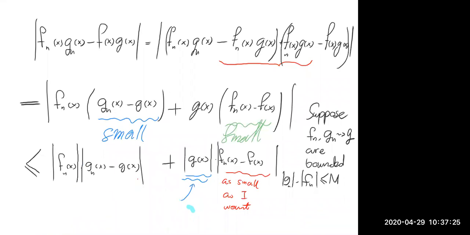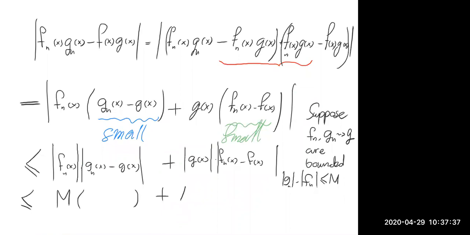Now I can continue my estimation, because if they are bounded by a number like M, it would be less than or equal to M times |Gn minus G| plus |G|, which itself is less than M times |Fn minus F|. Now, Gn minus G, I can make it as small as I want.